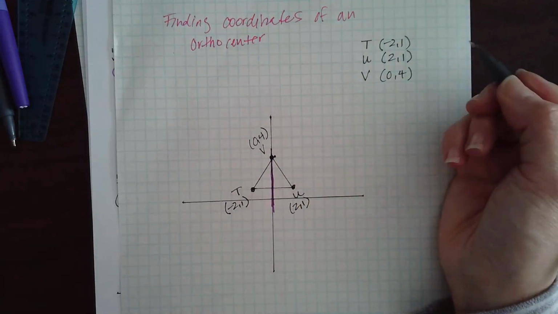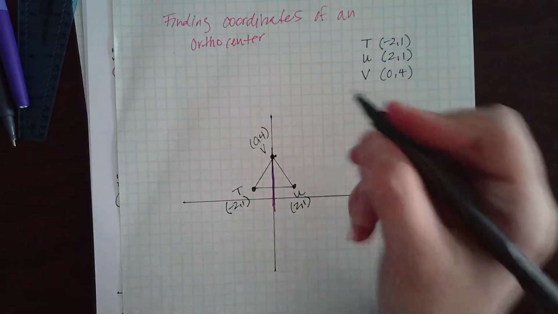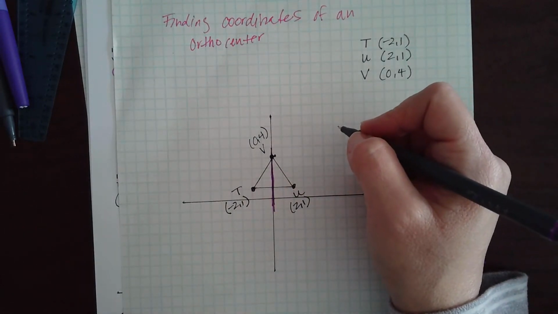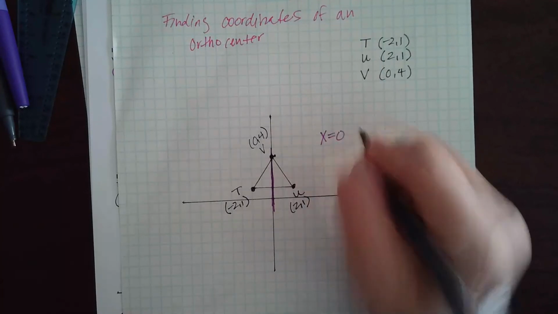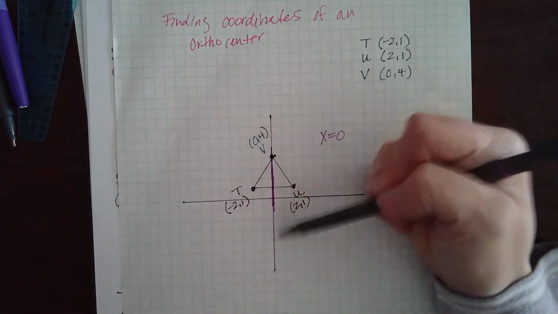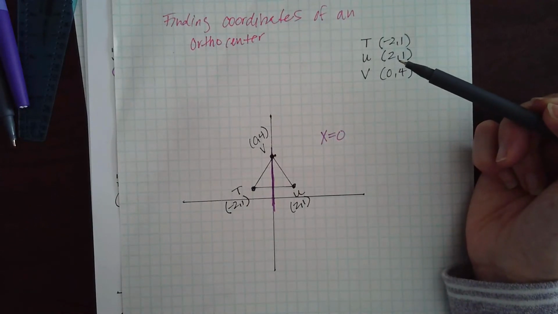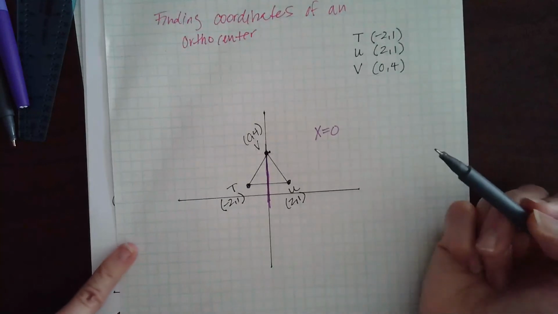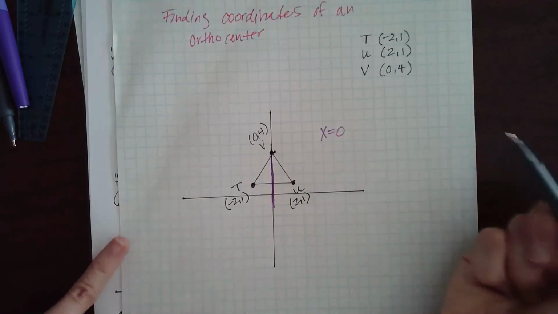That's going to be our y-axis. The equation of that altitude has to be x equals 0, because that goes straight down. It's a vertical line. So we've got one altitude. We need to find the equation of another altitude.